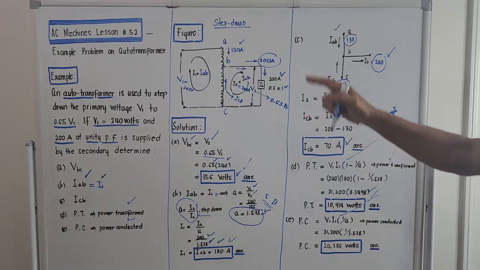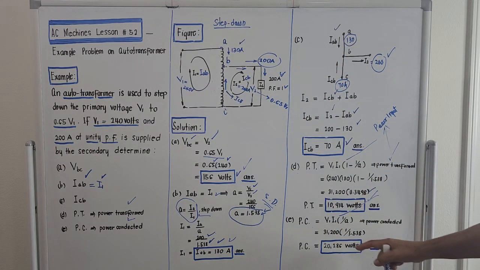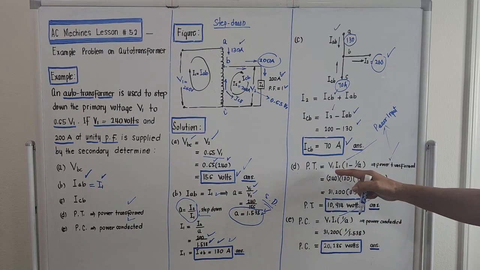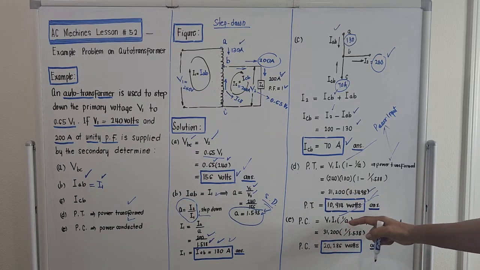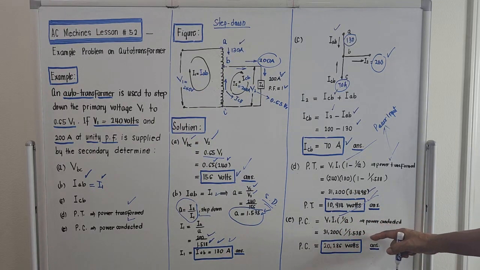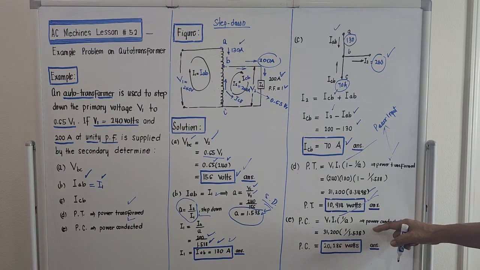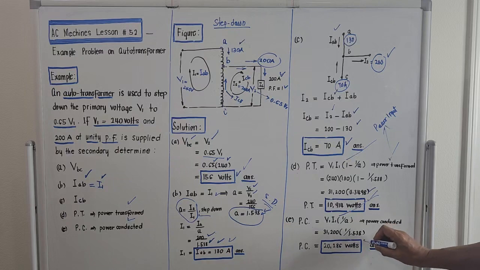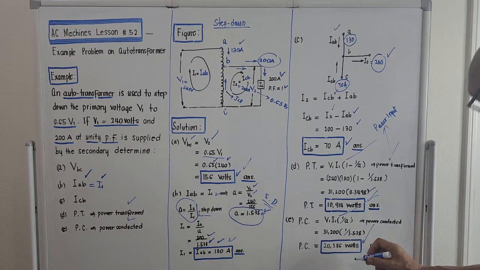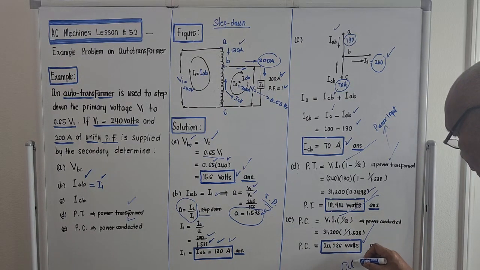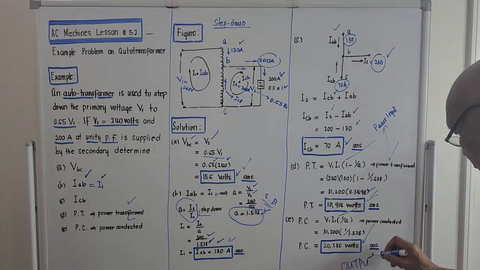So power conducted by the given autotransformer will be the product V1 I1, which is 31,200, times the quantity 1 over 1.538. This is less than 1. So we multiply this by this. What comes out is 20,286 watts. This is actually the power output of the autotransformer.